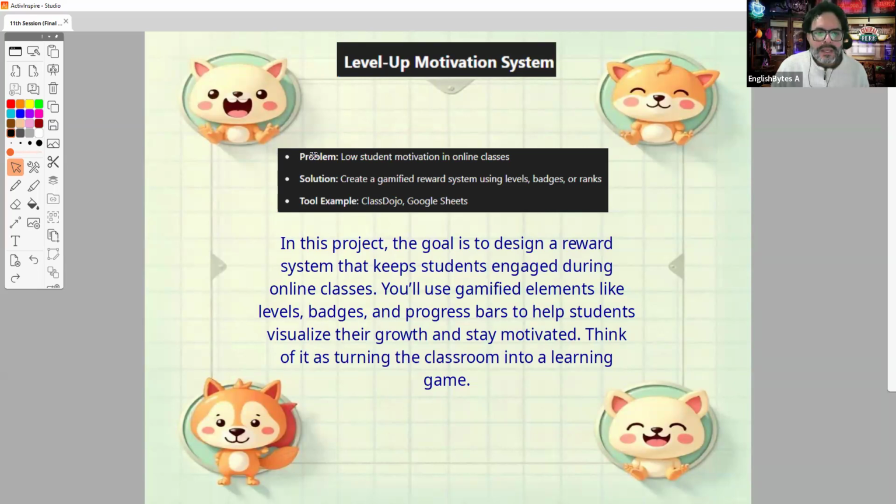So the first problem: you face low student motivation in online classes. It happens mostly with children because parents know the importance for children to learn English.